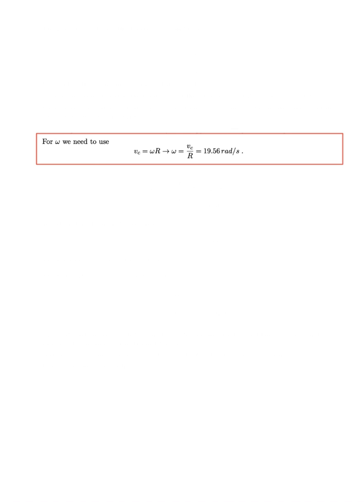It has to be equal to omega times the radius of the wheel. So I calculated first the angular rotation rate of 19.56 radians per second. And I guess now you're ready to smash the numbers together to calculate the kinetic energies.